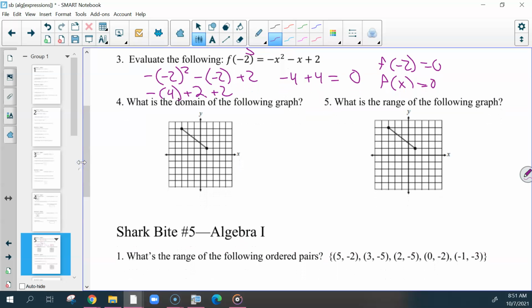And then number 4 asks for the domain of this graph. This has endpoints, so we're looking at the furthest point to the left and the furthest point to the right. It should be in this format.